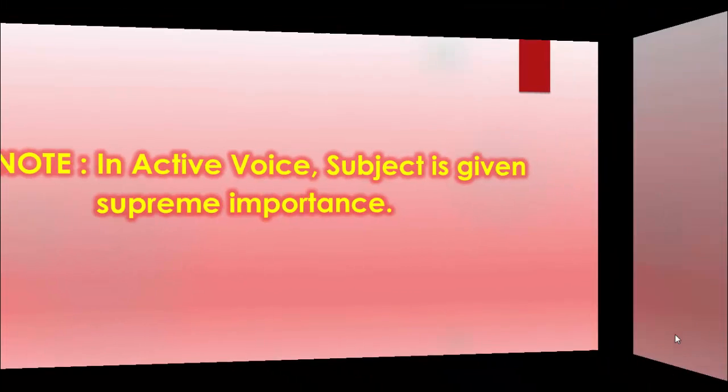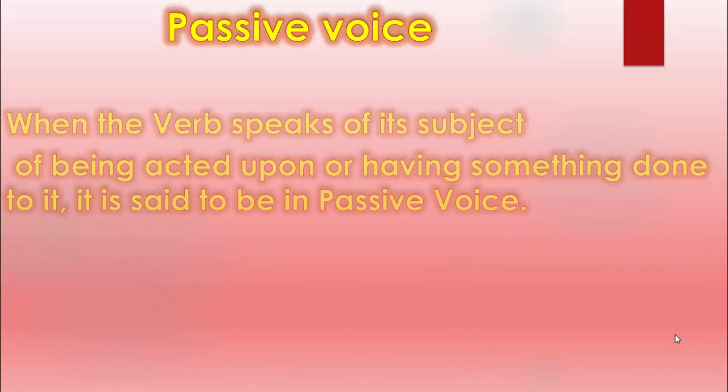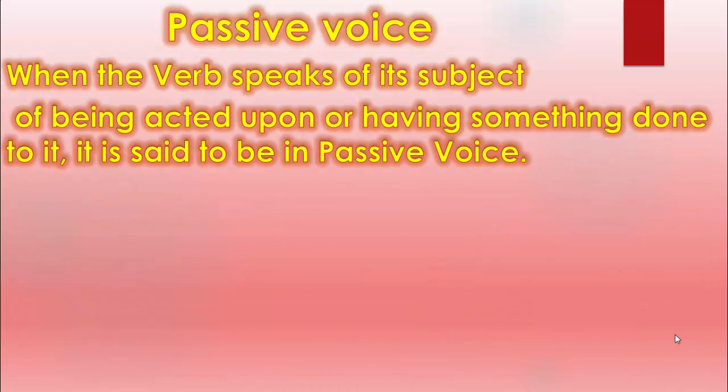So friends, now let us know about passive voice. When the verb speaks of its subject as being acted upon or having something done to it, it is said to be in passive voice.